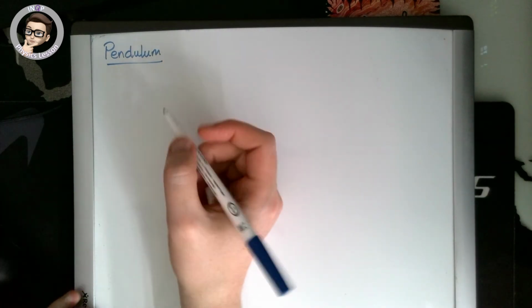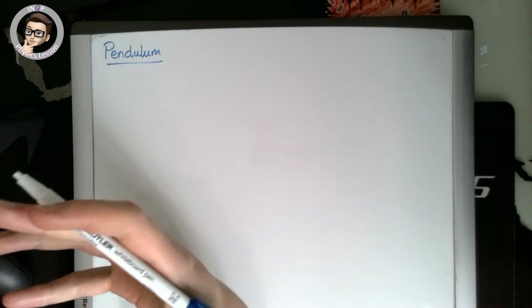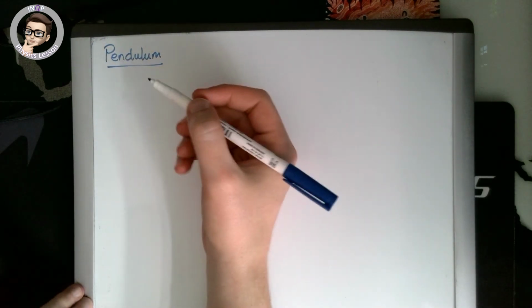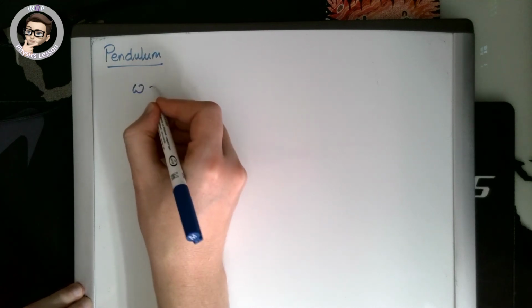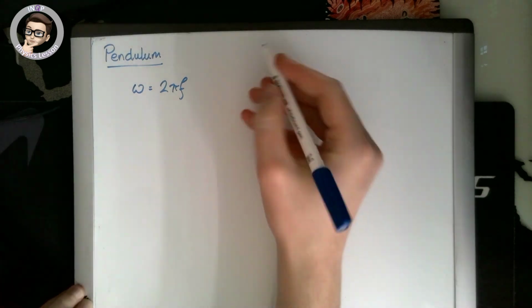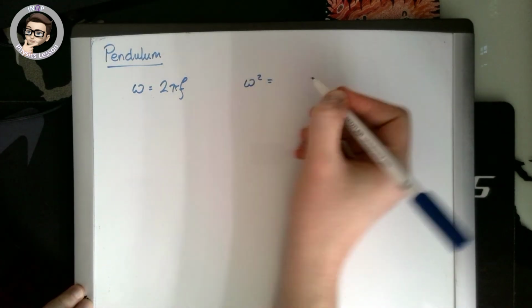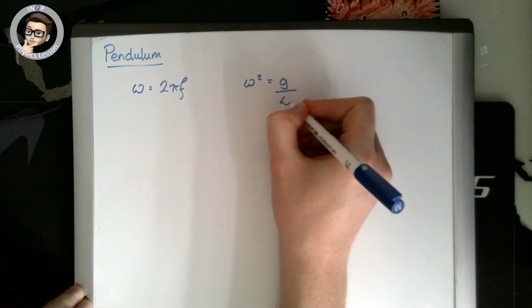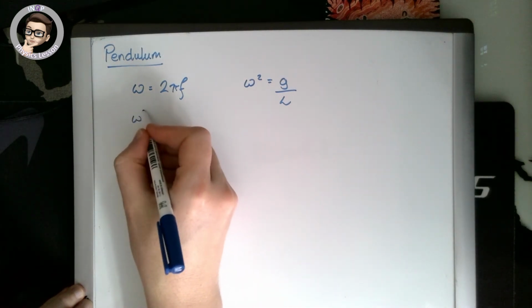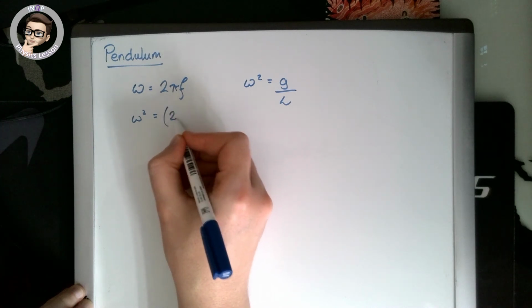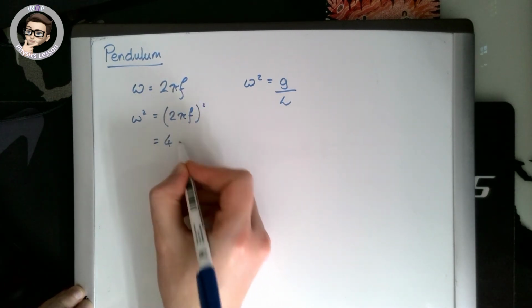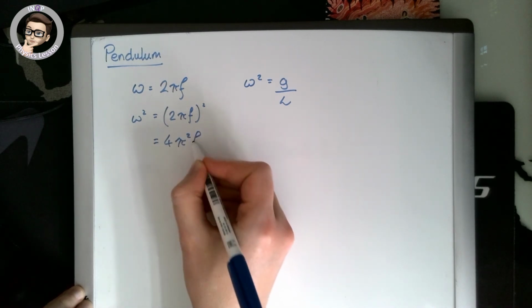Okay, so we're just going to define the time period now in terms of what we know for this system. We know that omega is 2 pi f, and we know that omega squared is equal to g over L. So omega squared is then 2 pi f all squared, which is 4 pi squared f squared.